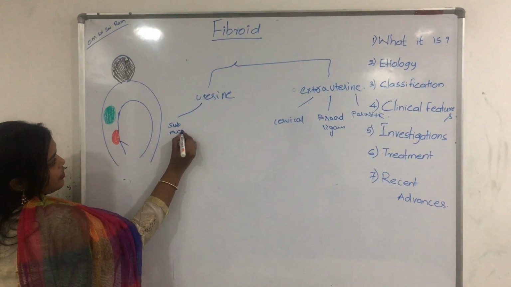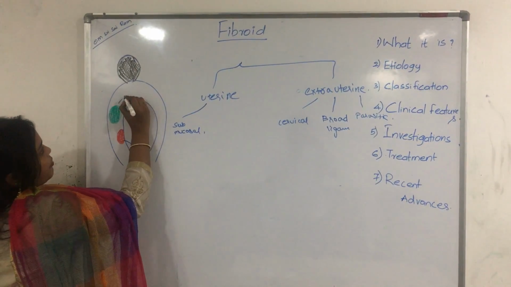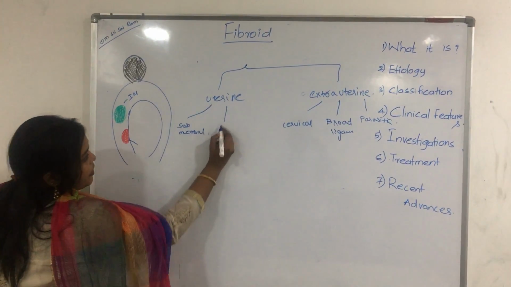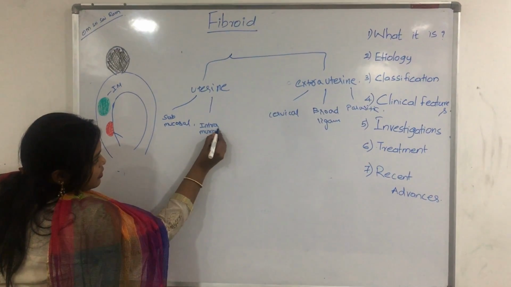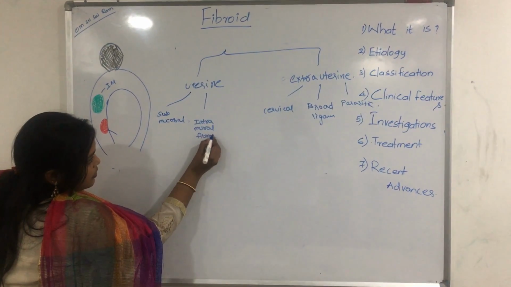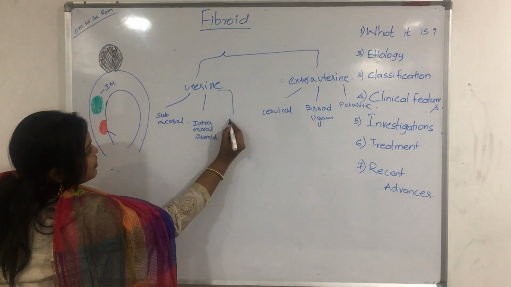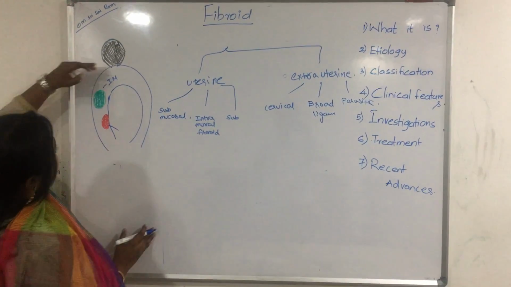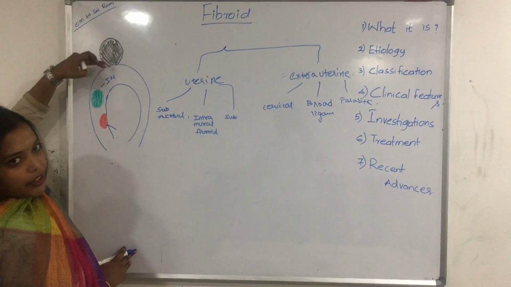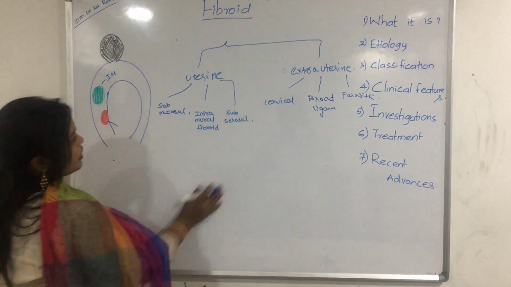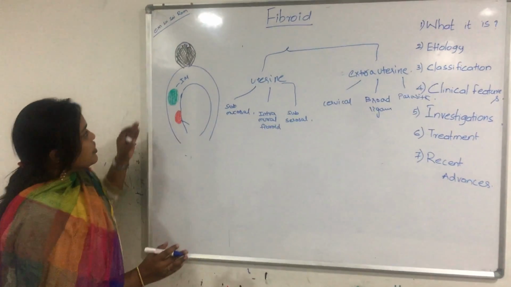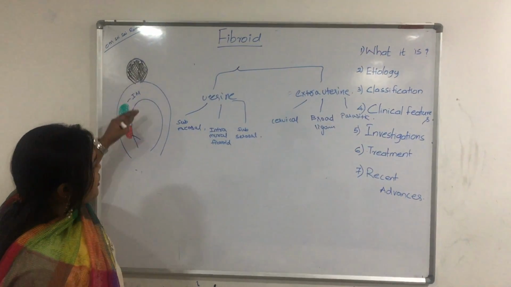Then we have the intramural fibroid, which is in the myometrium, and then the subserosal fibroid, which is below the serosa, the outermost layer of the uterus. Now the MCQ asked here is, which is the most common type of uterine fibroid?